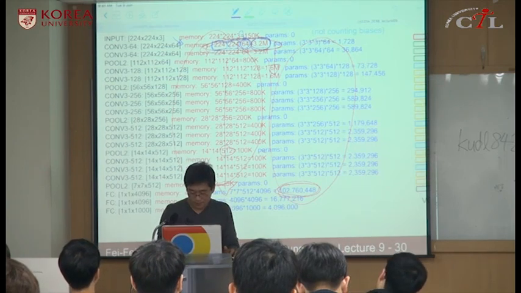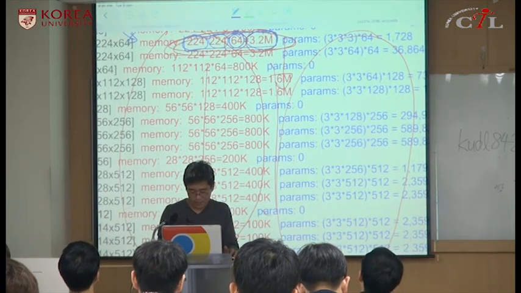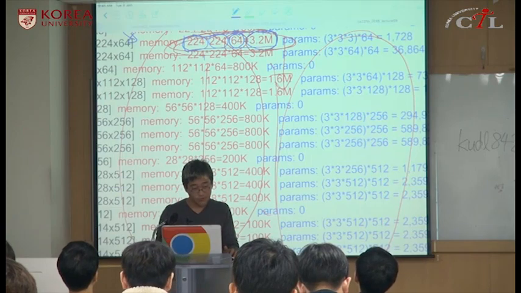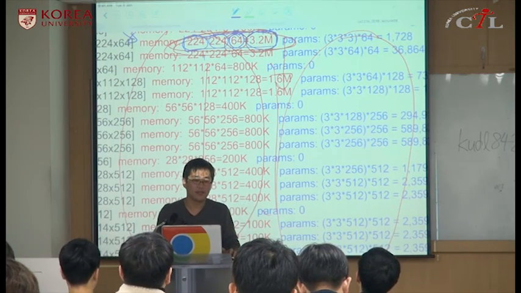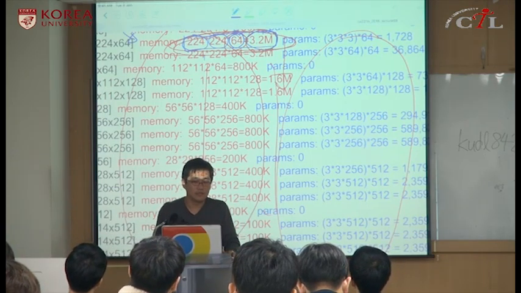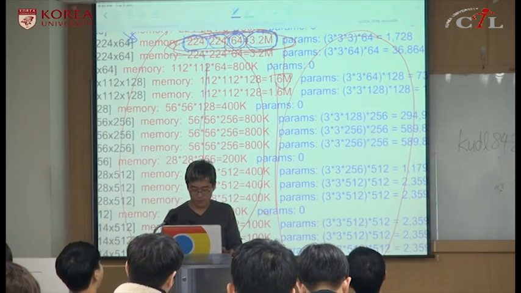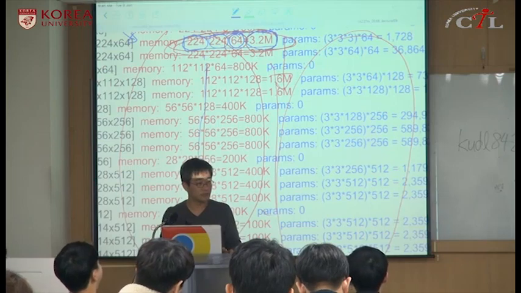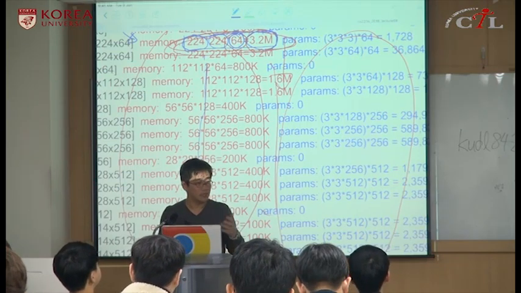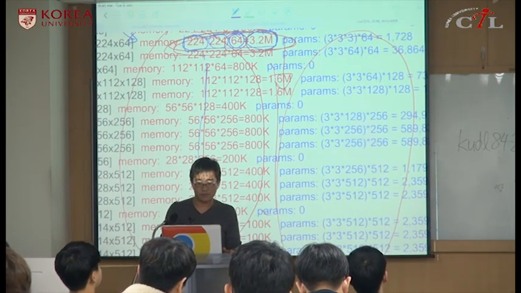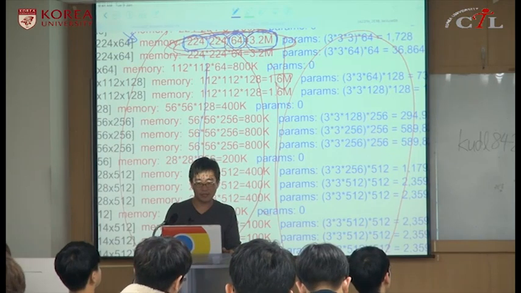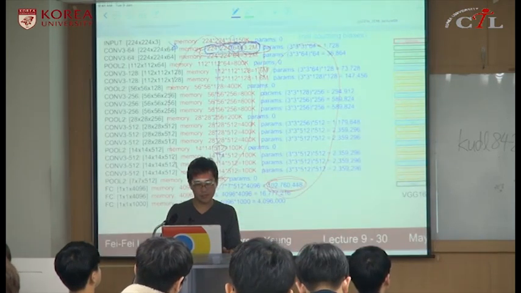So usually, in order to avoid this significant increase in activation map size, we gradually reduce the spatial resolution through max pooling, and we also gradually add channels by using more filters, right?